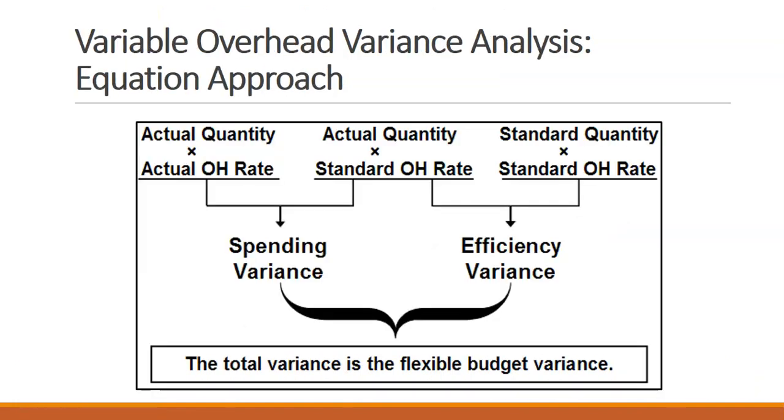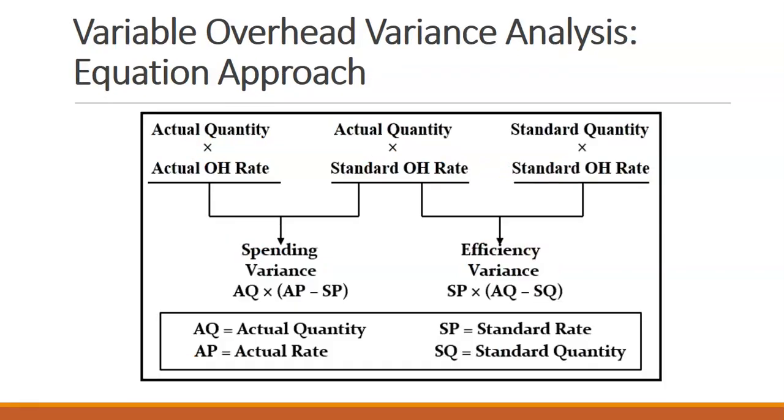When we're looking at variable overhead analysis, this is similar to our direct labor and direct materials variance analysis. We have a spending variance and an efficiency variance. Our total variance is our flexible budget variance for variable overhead.